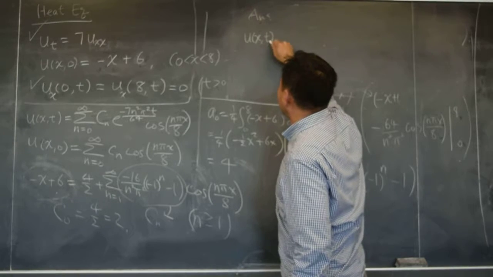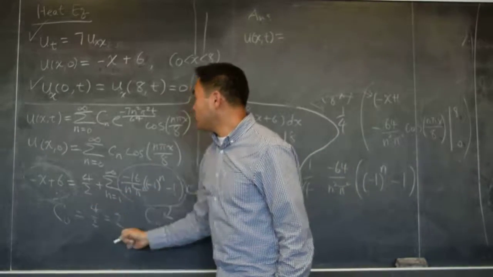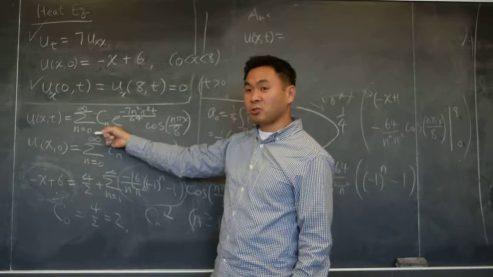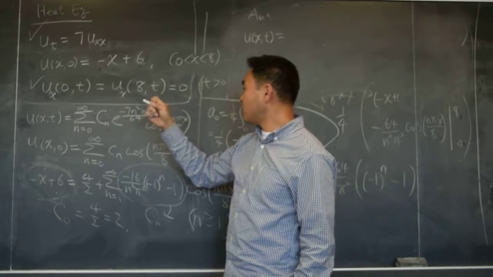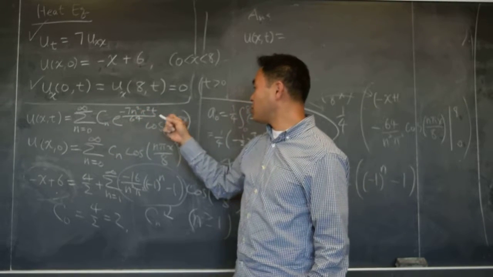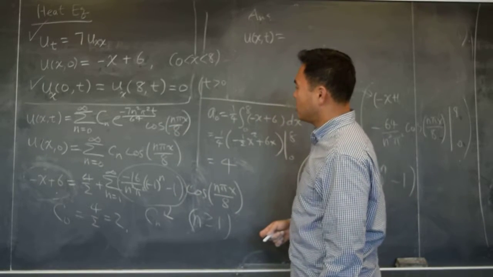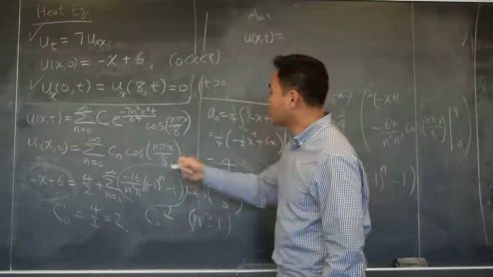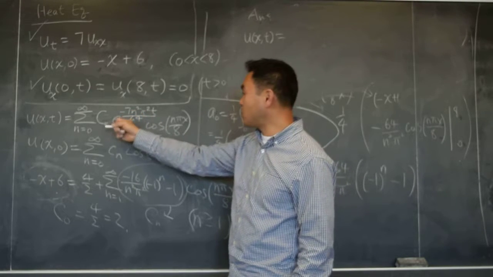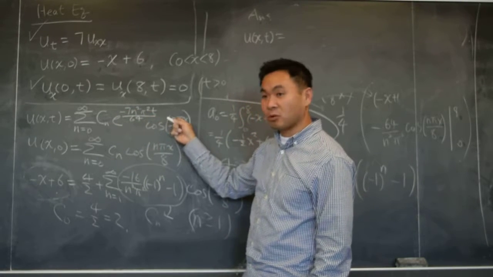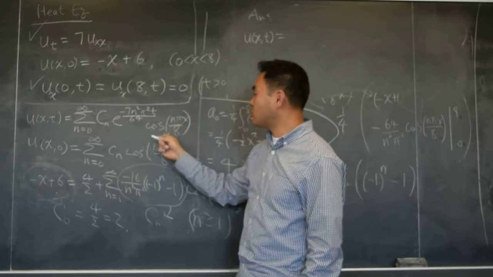u(x,t) is, for C0, what is it attached to? It's attached to this, but no cosine, right? The n is also 0 here, so that's e to the 0th power, cosine of 0, that's 1.